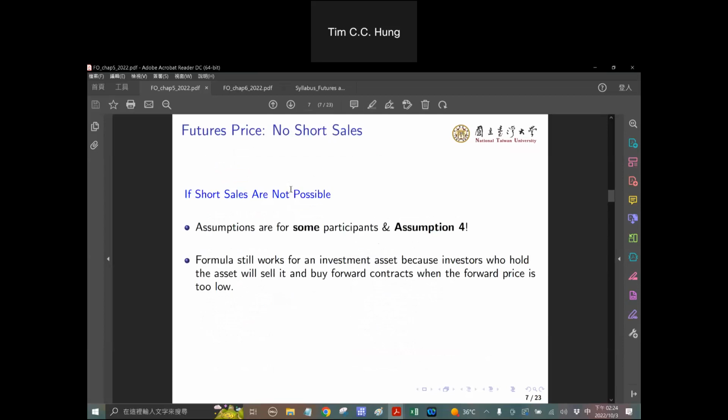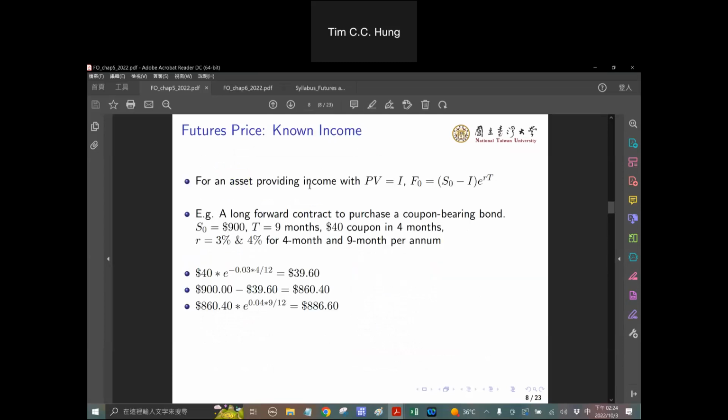That's the very naive, straightforward idea, but there are definitely some variations depending on the properties of the underlying assets. Suppose it's a fixed income asset, we know that there will be some income coming in before maturity. Then basically we subtract the present value of the incoming cash flows.